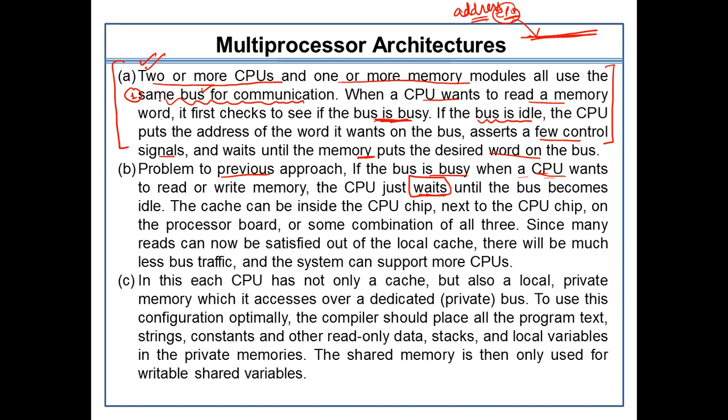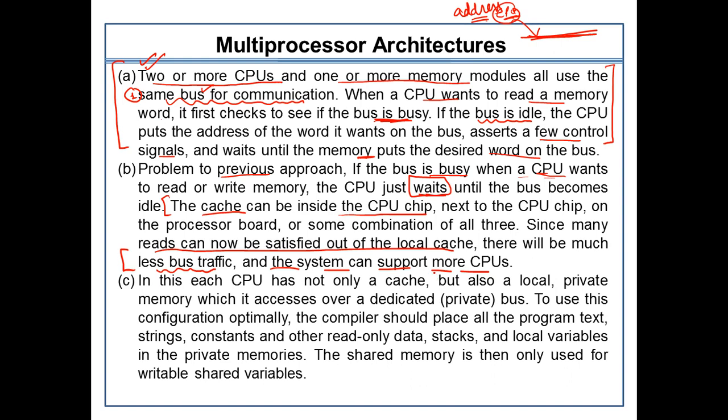So here we provided the cache inside the CPU chip. Since many reads can now be satisfied out of the local cache, there will be much less traffic. So the congestion problem is tried to be resolved by providing cache memory to the individual processors in the second architecture.